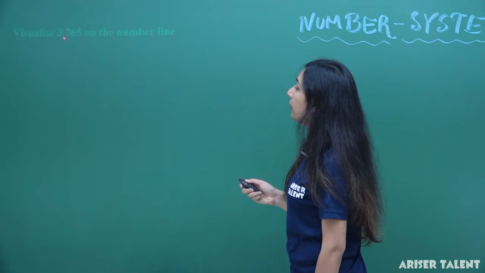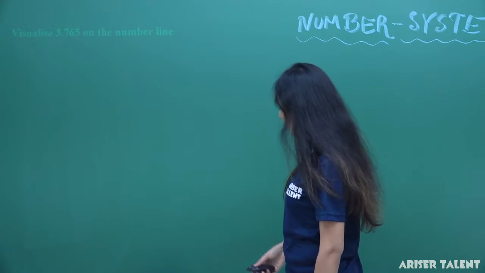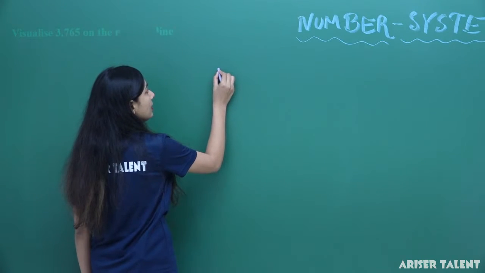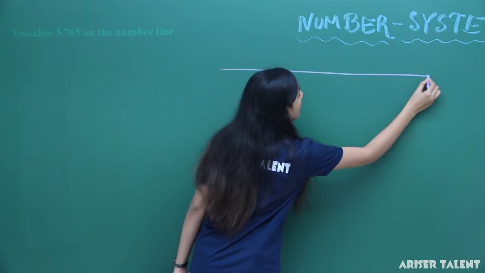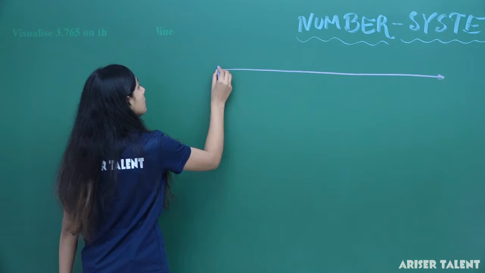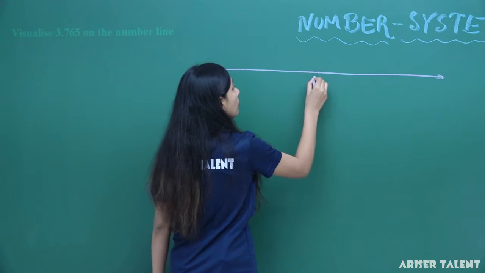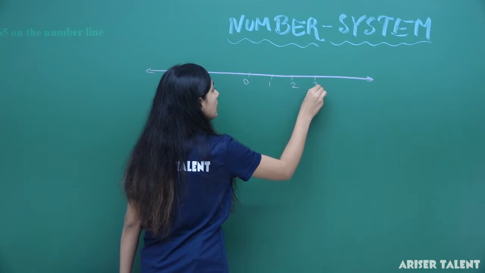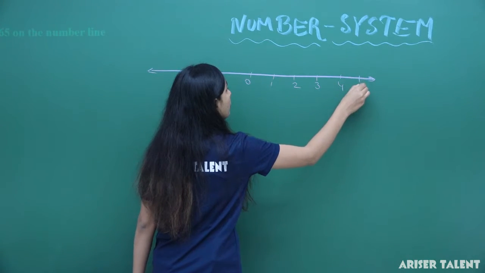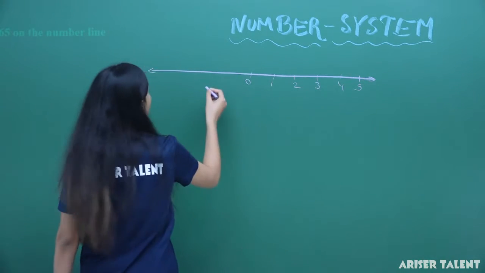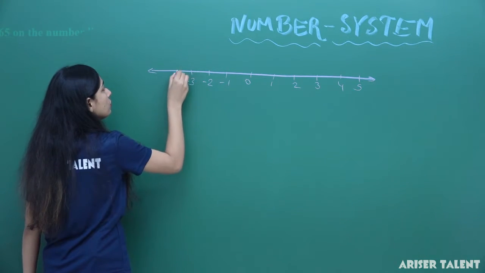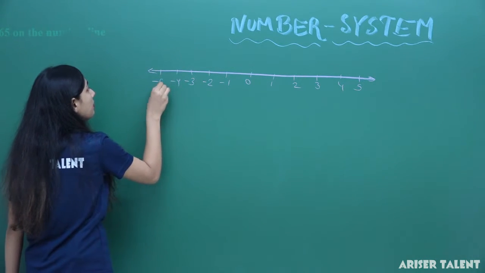Visualize 3.765 on the number line. Now you will be having this number line. Okay, from 0 it's 1, 2, 3, 4, 5 and here it is -1, -2, -3, -4, -5.